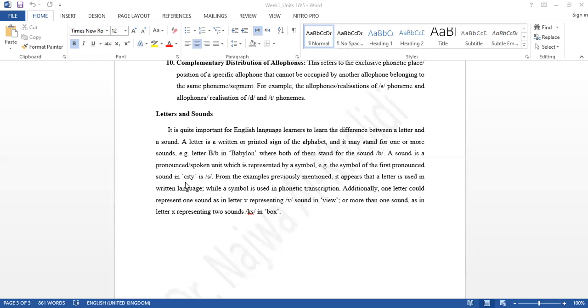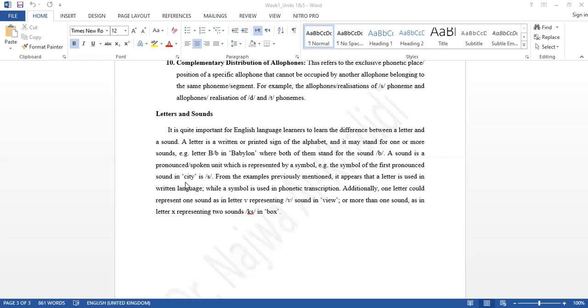So again, I emphasize this point that you should differentiate between a letter and a sound. Letters are different from sounds. Letters are alphabetic signs used to represent our thoughts and ideas in written language on paper.